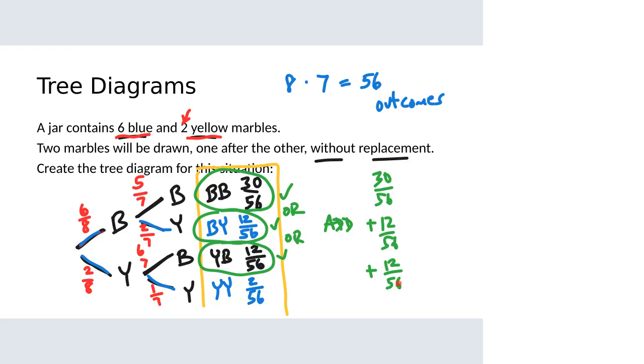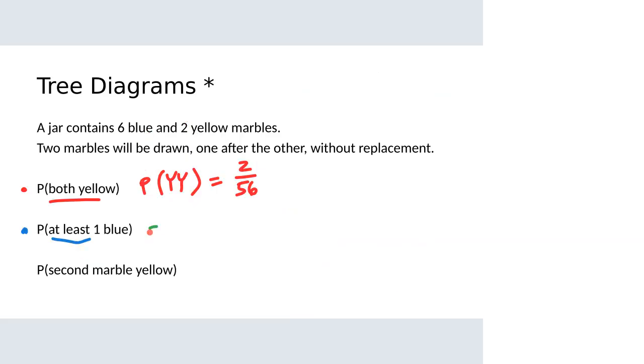And let's see, adding the numerators, 30 and 12, that's 54 out of 56. The probability that I get at least one blue is 54 out of 56. Let me know if you have any questions on that one before I have you try that one at the bottom there.